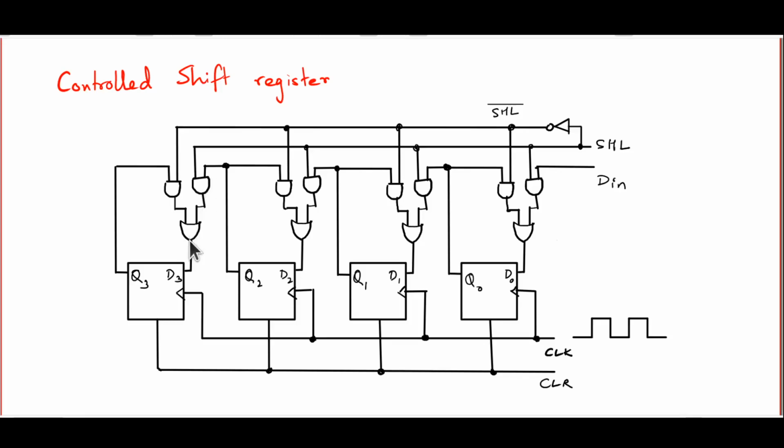So Q2 comes in, goes to the OR gate, goes into D3. So the behavior that we get when the previous output is fed into the next input, as in the shift left register, that occurs now. So when SHL is low, the circuit essentially behaves like a register. It just keeps on storing whatever output it has. And when the SHL goes high, it shifts that output to the left.